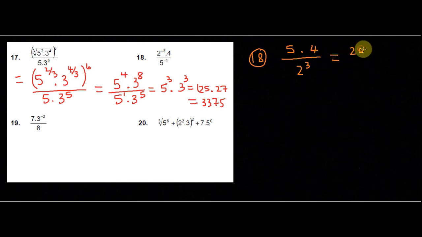So that's 20 over 8. Here I'm going to take the 3 to the minus 2 to the denominator. And it becomes 3 squared. And it's 7 over 3 squared is 9 times 8 is 72. Let's look at the last one.